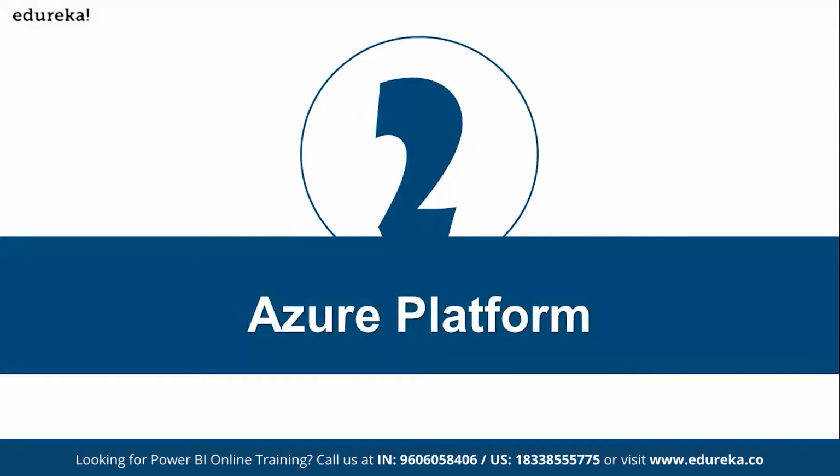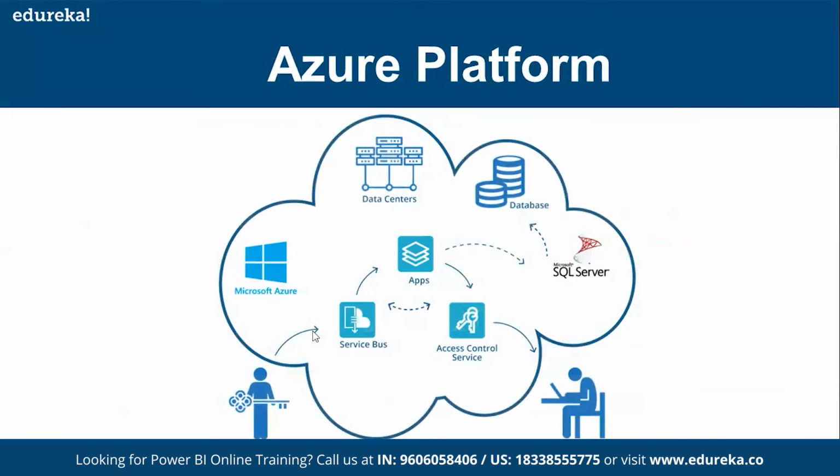Next, we'll talk about what the different platforms are that are available in Azure. What are the different things we can do on Azure? We can use it for the data center, for the database, and for application hosting. A lot of things we can do under Microsoft Azure, like secure control, the key vault, and network connectivity.